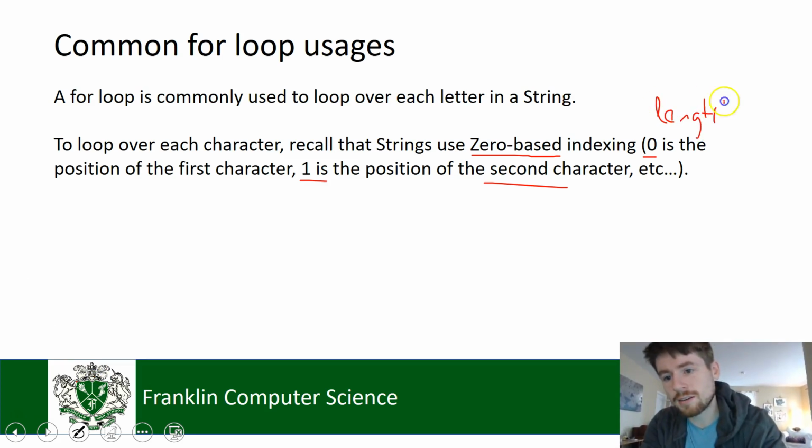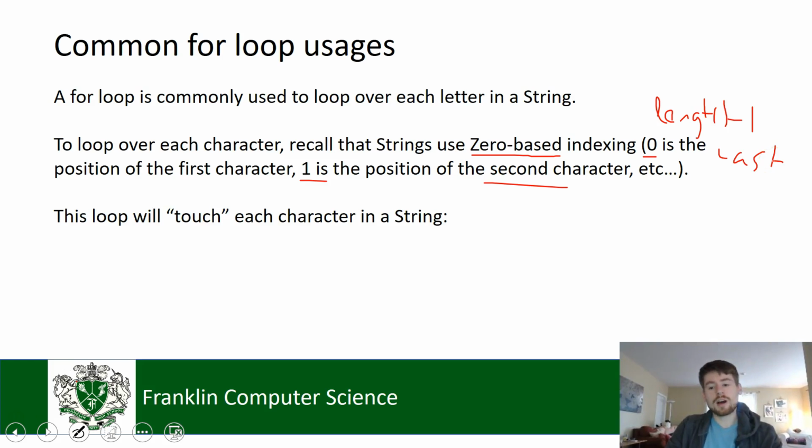Okay? And so if you were to write the following loop, you're going to end up touching every single character in the string so long as you're accessing the characters at the given substrings.